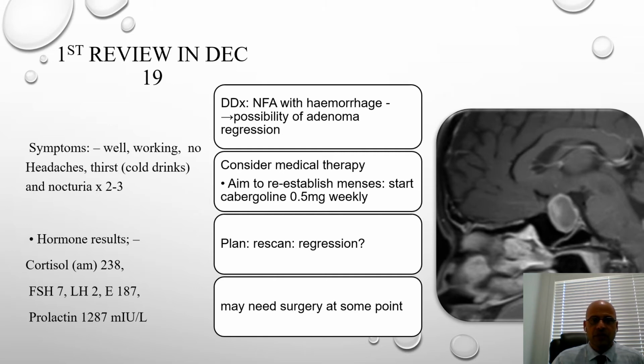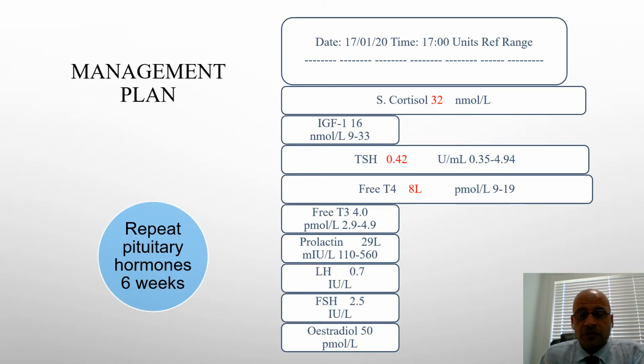And we thought, as time goes by, as you see with apoplexy, the adenoma will regress, more likely than not. And so we started cabergoline just to treat the mild hyperprolactinemia, aiming at re-establishing menses. And at some stage, after she gets pregnant, we could consider decompression surgery, or debulking surgery, sorry.